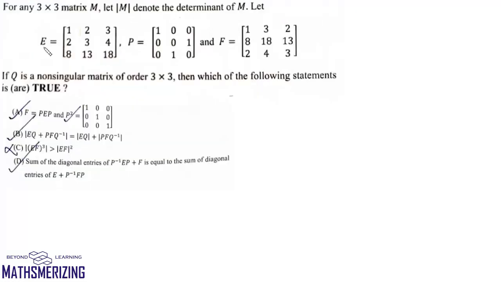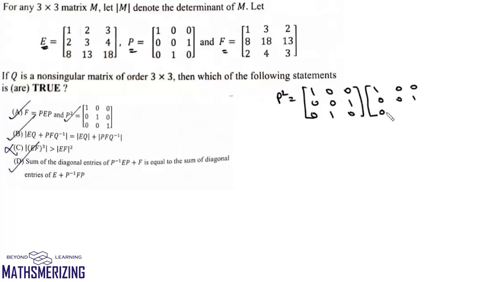The question is, we are given three matrices E, P and F, and Q is a non-singular matrix of order 3 cross 3, then which of the following statements is or are true? Now if we look at this P, then if we find P square, it will be 1 0 0, 0 0 1 and 0 1 0, multiplied by 1 0 0, 0 0 1 and 0 1 0.